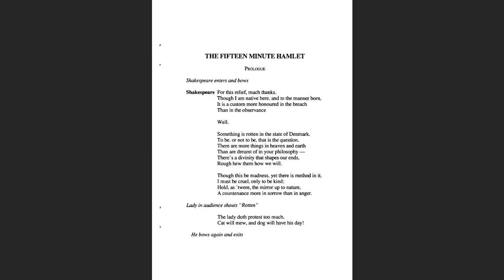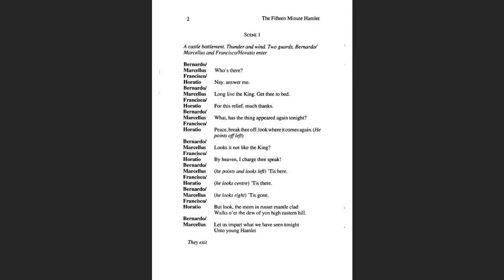Rotten! The lady doth protest too much. Cat will mew, and dog will have his day. He bows again and exits. A castle battlement. Thunder and wind. Two guards, Bernardo and Marcellus, and Francesco Horatio enter. Who's there? Nay, answer me. Long live the king. Get thee to bed. For this relief, much thanks.